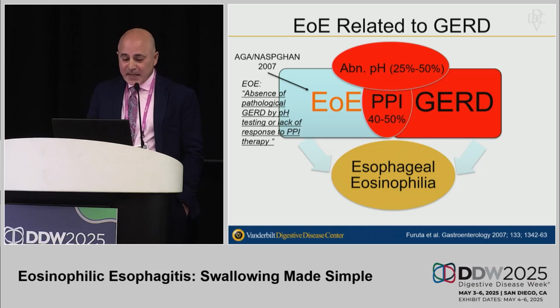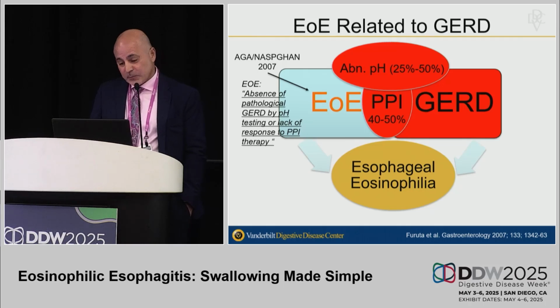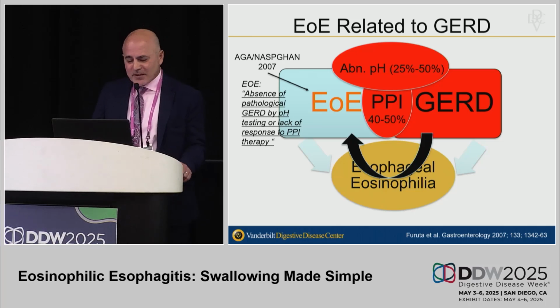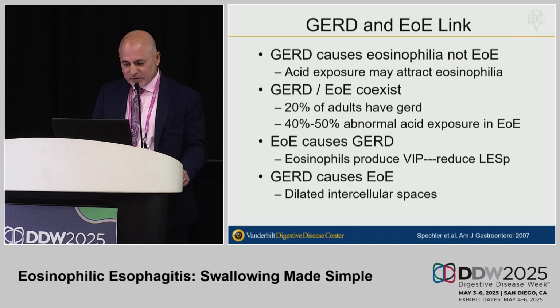That was the initial AGA and Aspergan diagnosis in 2007 that says to be EOE, you have to not have abnormal pH or esophagitis, right, or respond to PPIs. So this was GERD, this was EOE. Simple. Then we said, wait a minute, what if GERD causes EOE and we're excluding this group artificially and we shouldn't be doing it?